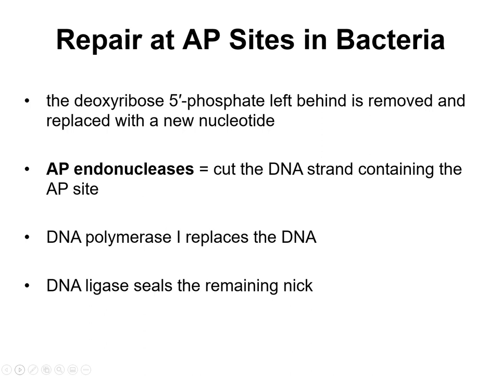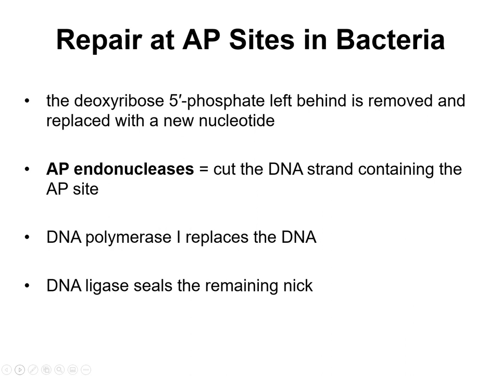In bacteria, when we have the deoxyribose 5-phosphate left behind at that AP site, it's removed and replaced with a new nucleotide. So there are AP endonucleases that cut the DNA strand that has the AP site. And then DNA Pol I shows up again and replaces the DNA.